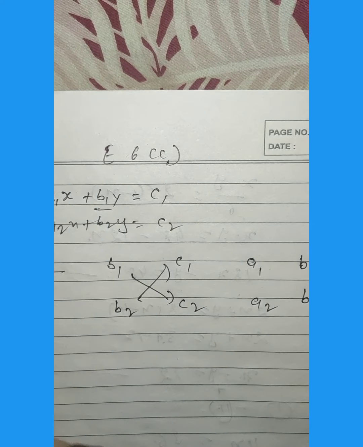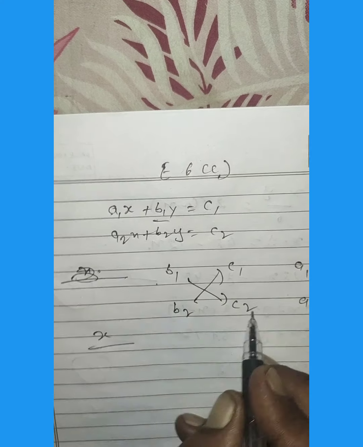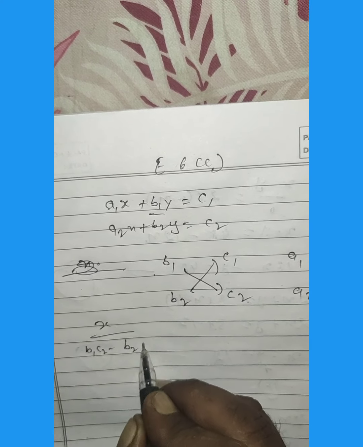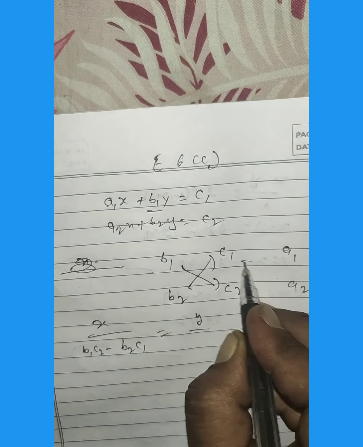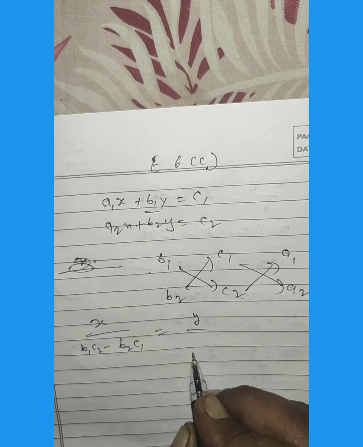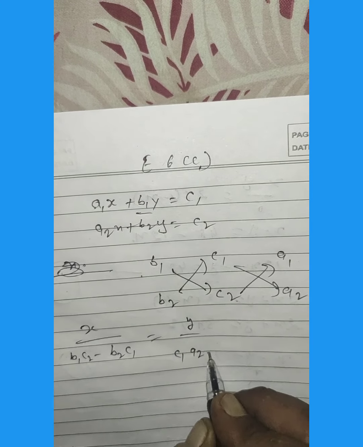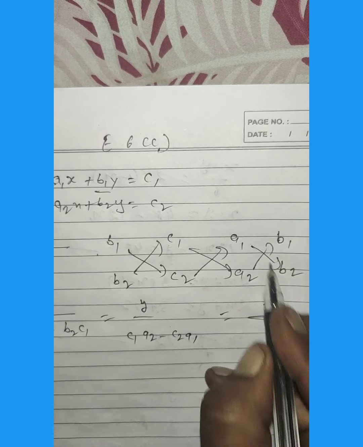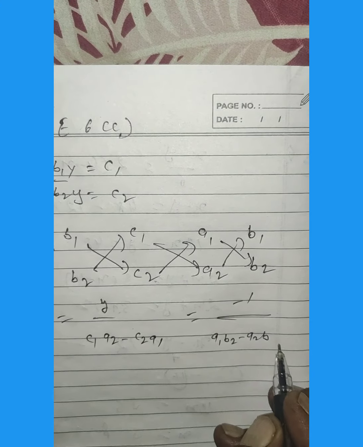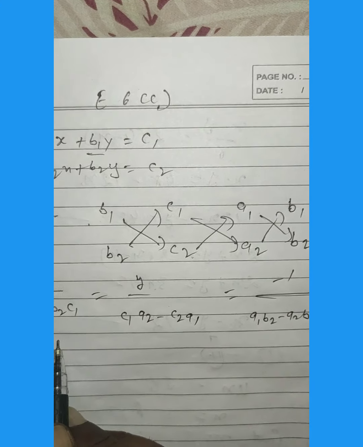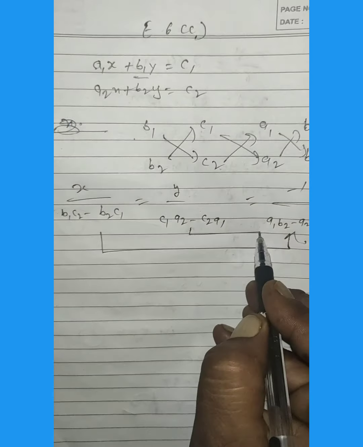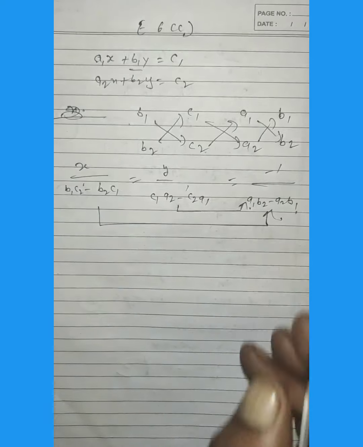Cross multiplication to this one. x over b1 into c2 minus b2 into c1 is equal to y over, again the same way, c1 a2 minus c2 a1, equal to minus 1 over a1 b2 minus a2 b1. Then we equate x with the constants, then you can find the values of x and y.